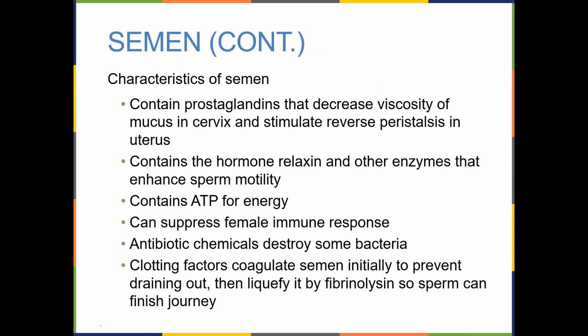Other things that take place with semen. Semen contains prostaglandins. Prostaglandins are a type of hormone, if you remember. They do a couple things for us. They help to break down the viscosity of the mucus plug so that the mucus plug isn't plugging the cervix. They also cause reverse peristalsis.